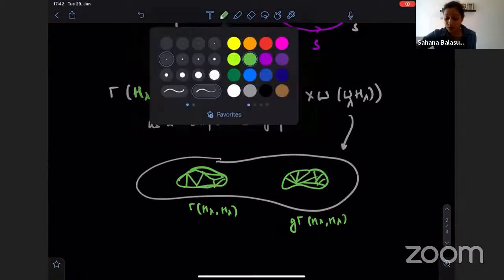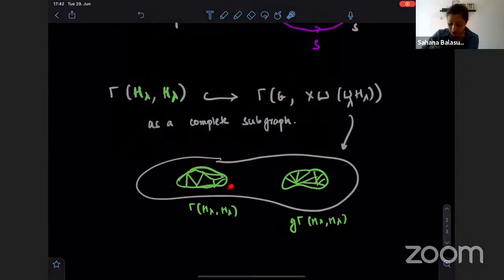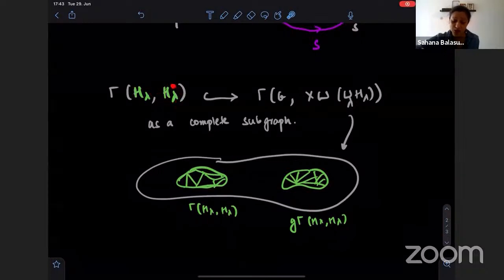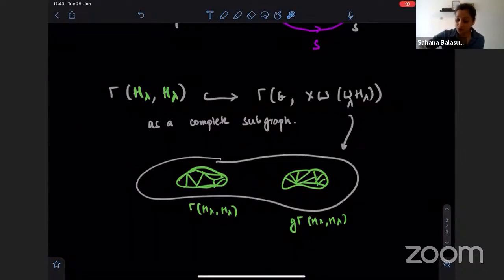And I'll have an isometric copy of this exact subgraph sitting over here. But I don't want to be concerned with the cosets. I only want to be concerned with the subgroup. And that's why I write it this way, to tell you that I'm concerned about the vertex set that corresponds to the subgroup and the set of edges that live inside that specific subgraph. So I'm concerned with this subgraph and not with this one.